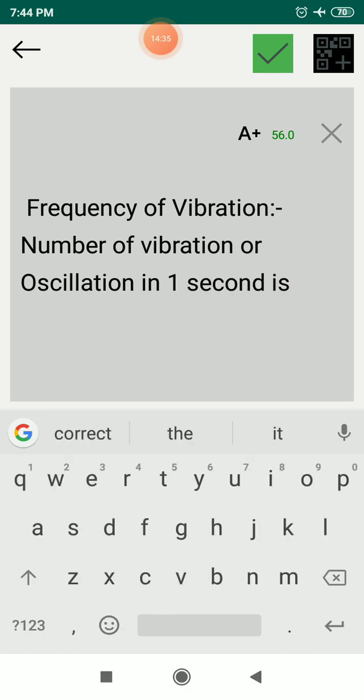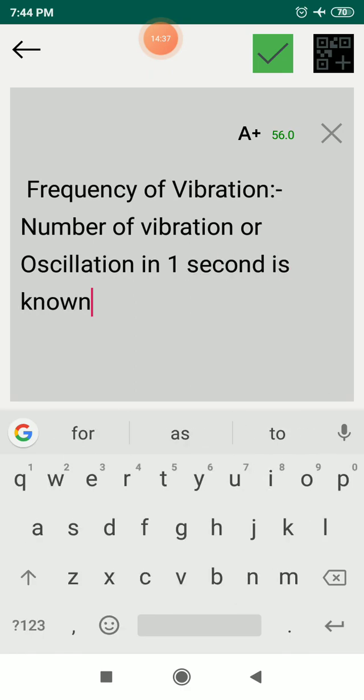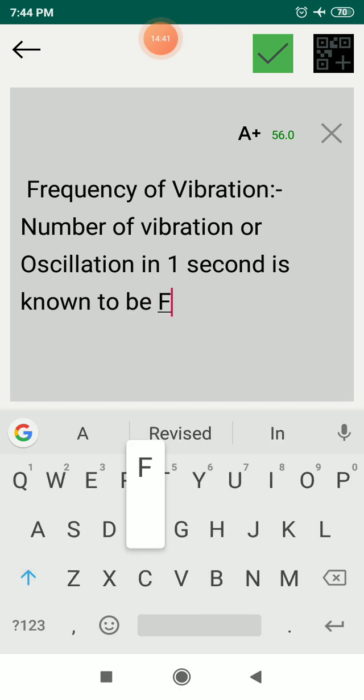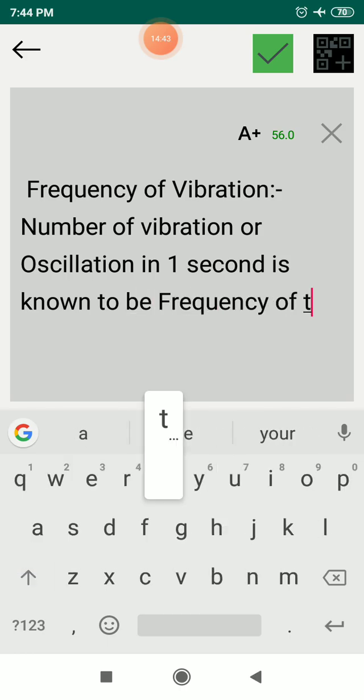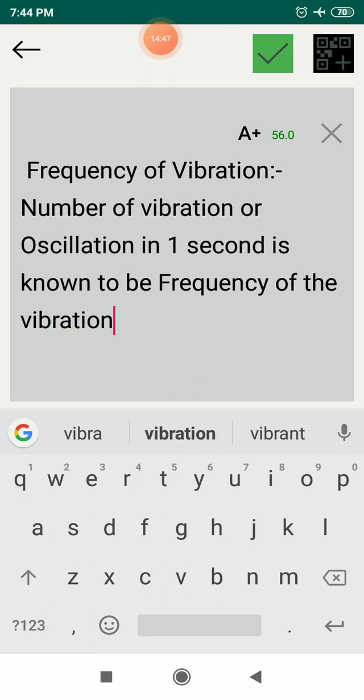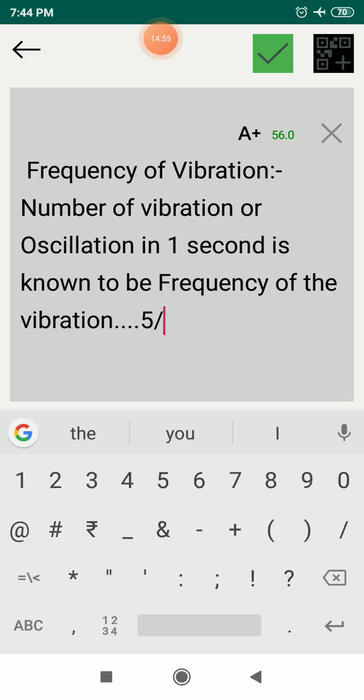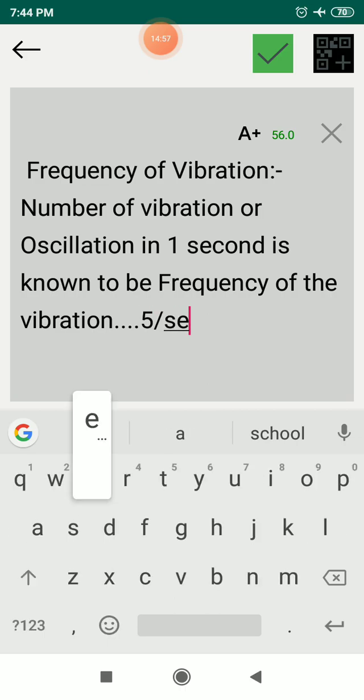Number of vibrations in 1 second means per second, suppose 5 vibrations per second.